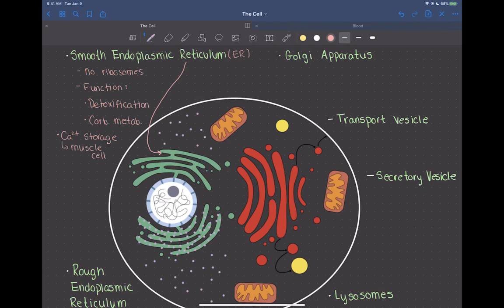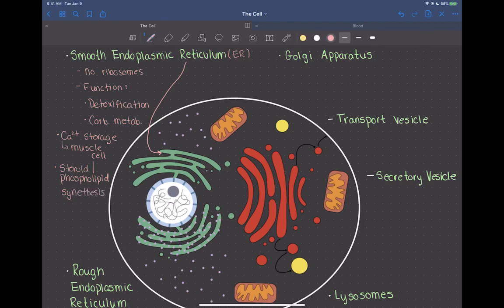And then one last function of the smooth ER is steroid, fat, and phospholipid production. Phospholipid synthesis, synthesis meaning we're making something.